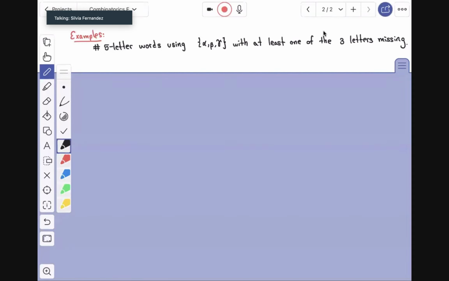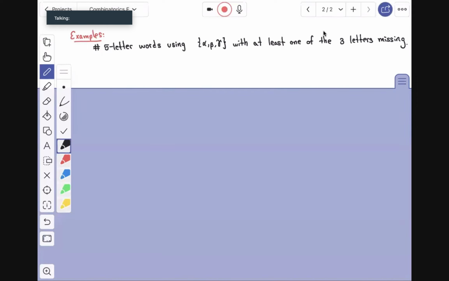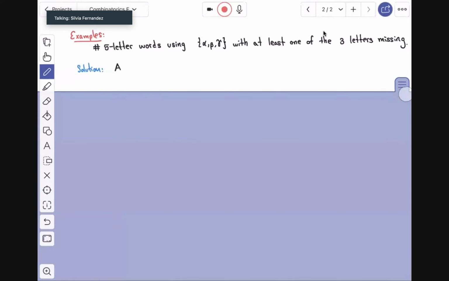Okay, so I'm gonna construct those sets. I'm gonna call them A sub alpha, A sub beta, and A sub gamma instead of A1, A2, A3, or ABC.